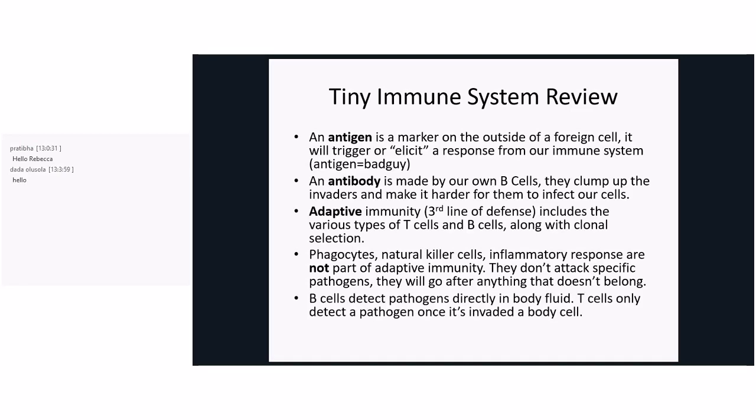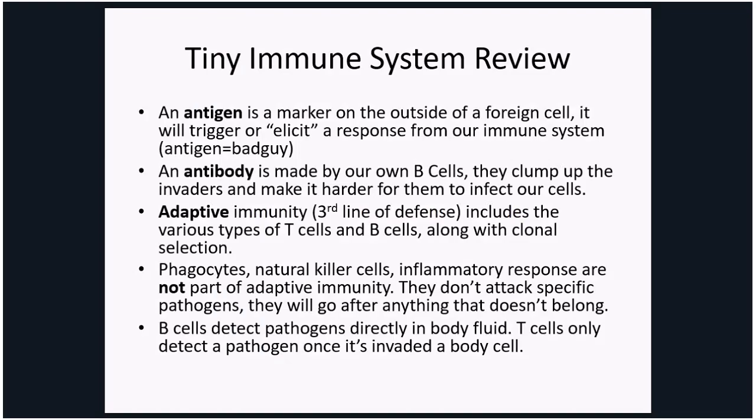One difference to keep in mind between B cells and T cells: B cells are the ones making our antibodies, and remember, they can detect pathogens with the antigens on them directly in body fluid. If that B cell is inside one of your lymph nodes, it can detect that there is a pathogen nearby.